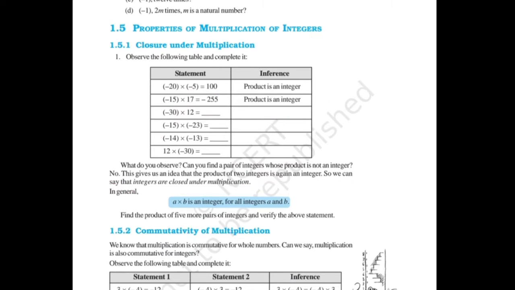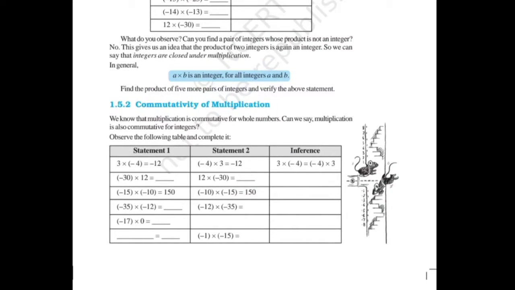Now afterward, the next property is commutative property, and in this property, if we multiply any two numbers in any order, then the answer comes always the same.